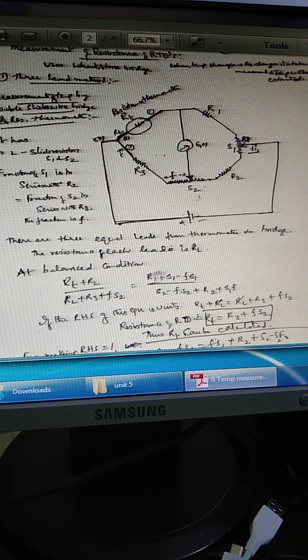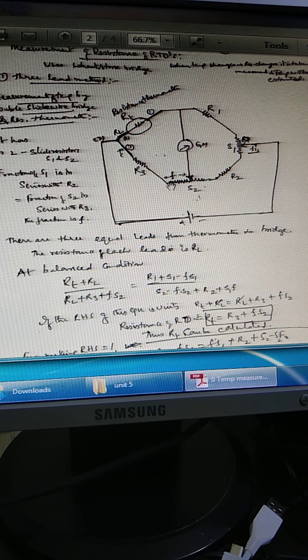Similarly on this side, the resistance of this arm is R1 plus this part resistance. This part resistance is equal to total resistance S1 minus FS1. Similarly, for the fourth arm, we want the resistance of this part.